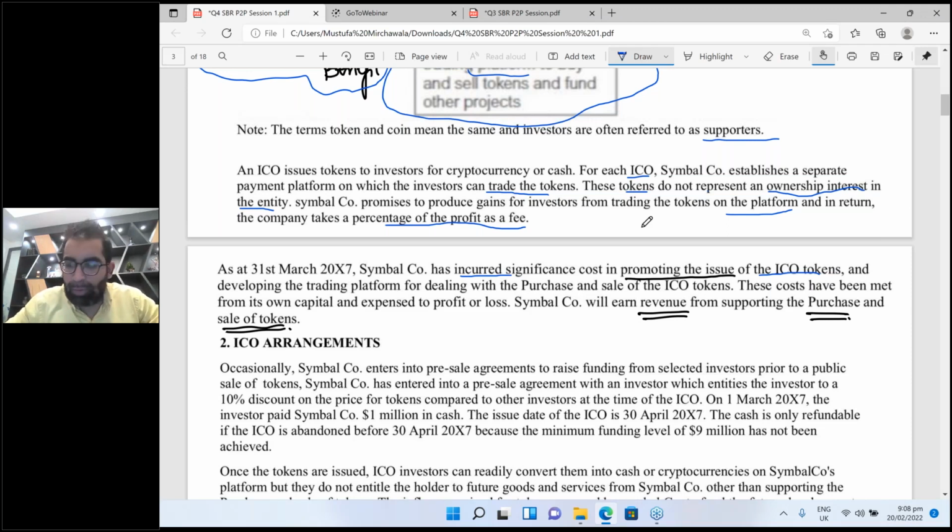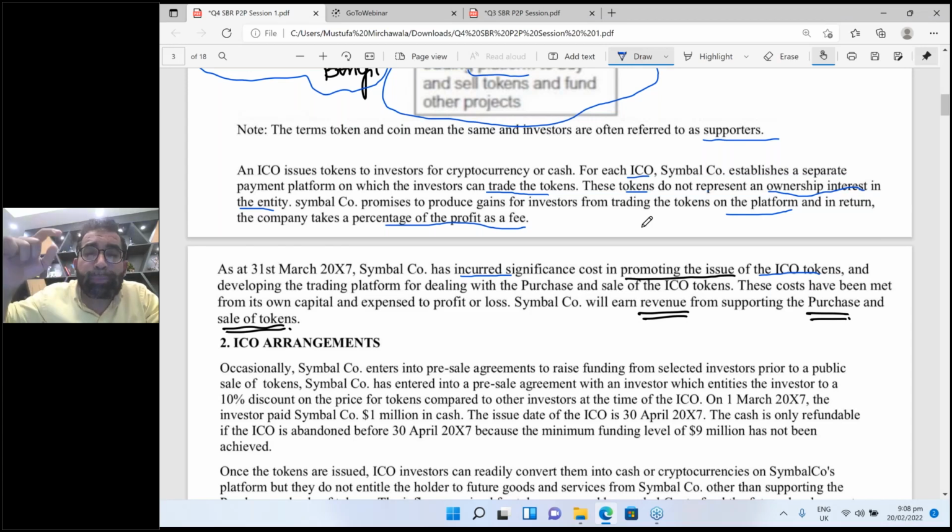Why? Let me tell you. Because if you do advertisement, the future economic benefit is not in your control. Plus the economic benefit which you get from the advertising is not separable and identifiable, and in IAS 38 this identifiability condition is written in the criteria.